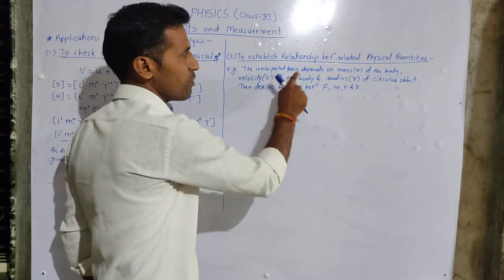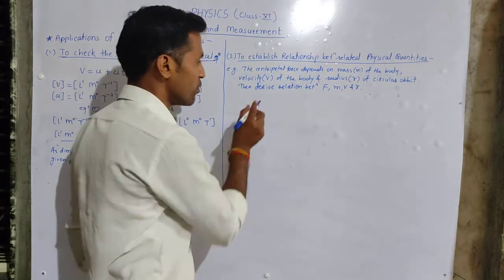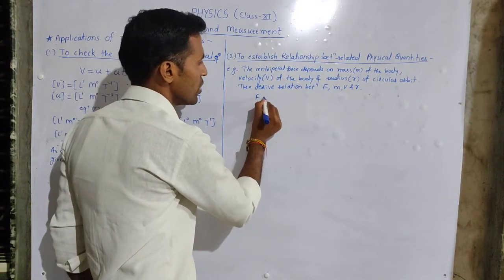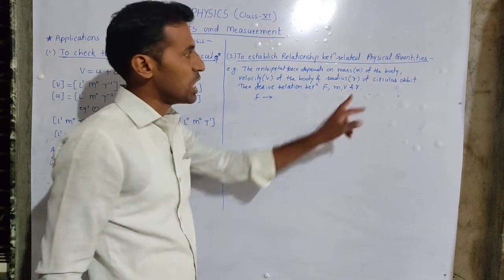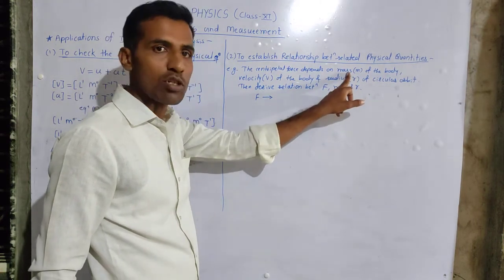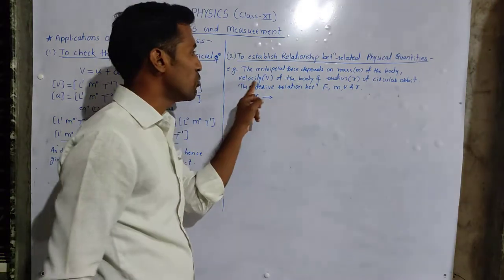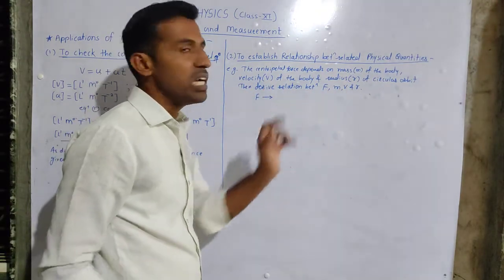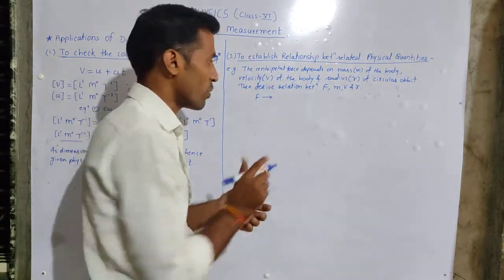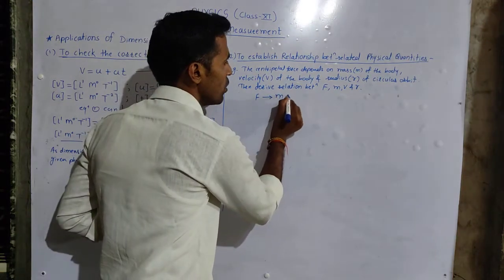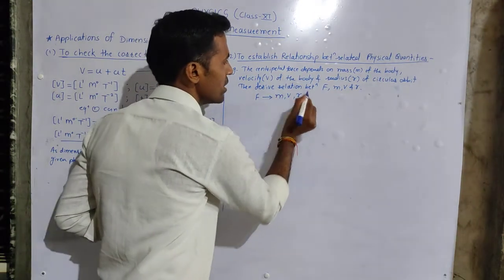We have taken an example here. The centripetal force F depends on which quantities? Mass of the particle, velocity of the particle, and radius of the circular orbit. Mass m, velocity v, and radius r.